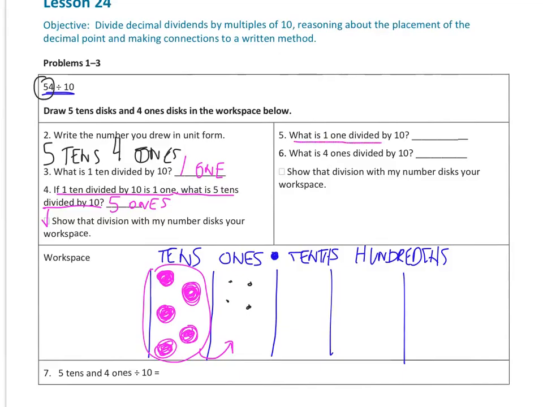What's 1 divided by 10? Well, if a 10 divided by 10 becomes a 1, then a 1 divided by 10 becomes a tenth. So we know it's 1/10. Which means that 4 ones divided by 10 is 4 tenths.